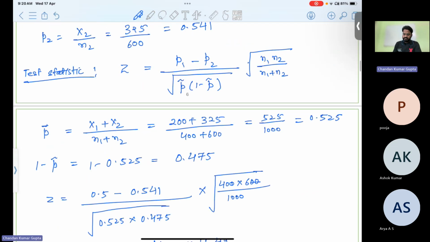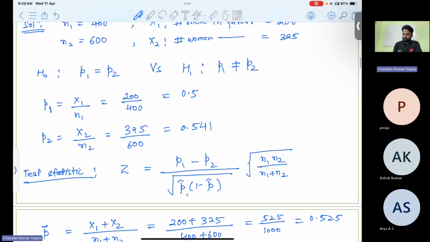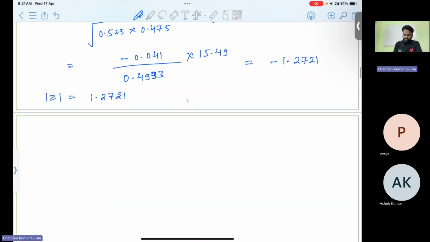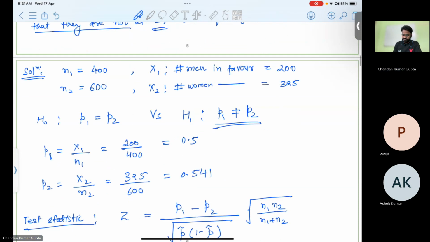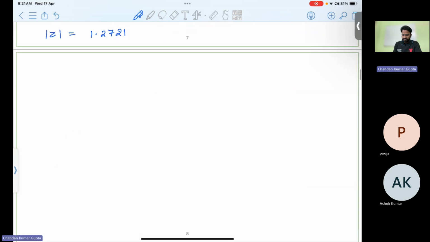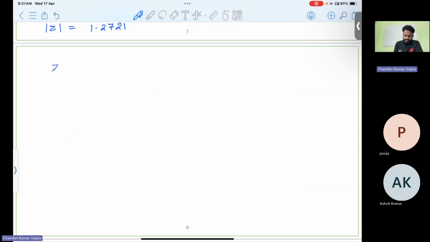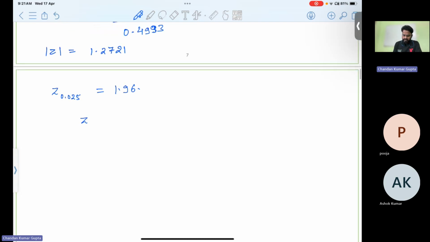Again, since it is a not equal to case, and we need to test at the 5% level of significance, z at 0.025, which is alpha by 2, this value is 1.96. Now here we see that the calculated value is less than the tabulated value.